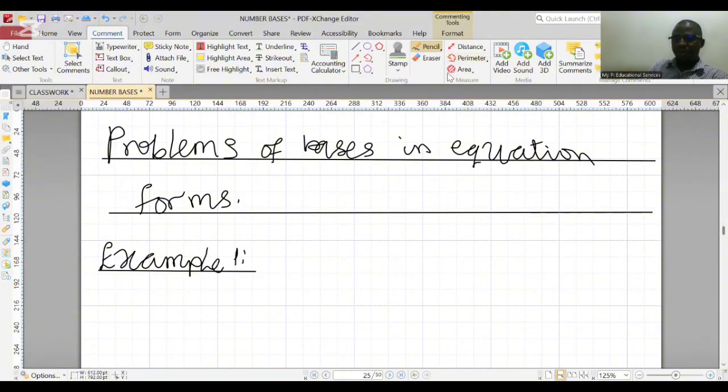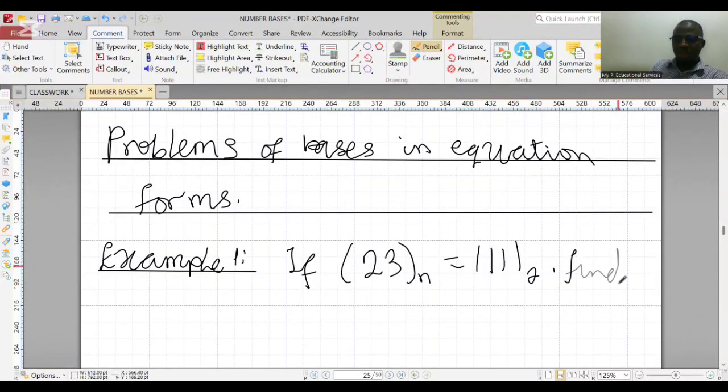So example 1. In this example, the question says, if 23 base n equals 1111 base 2, then find n. So let's look at this question together.